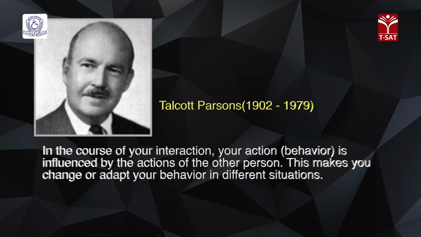This makes you change or adapt your behavior in different situations. The regulation of your behavior is different in different situations mainly because you as an individual behave in a given manner because everybody else behaves in a similar manner in the given situation.